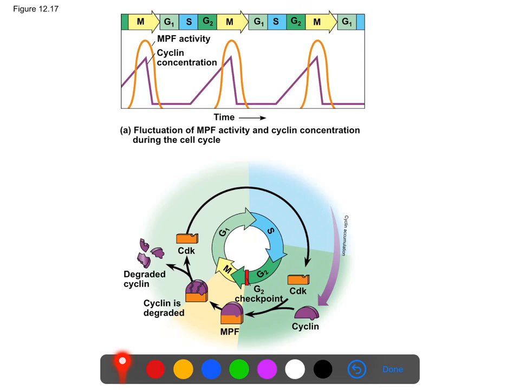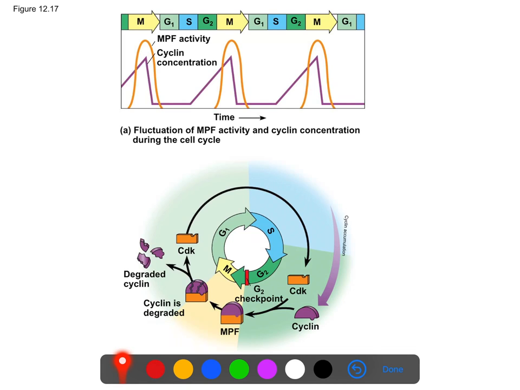Here you can see the cycle going in a circle, right? If we start here at the end of mitosis, there is no cyclin. You have what's called CDK, which is a thing that binds to cyclin, and it's the other half that makes MPF. So you have the CDK. You go through G1.